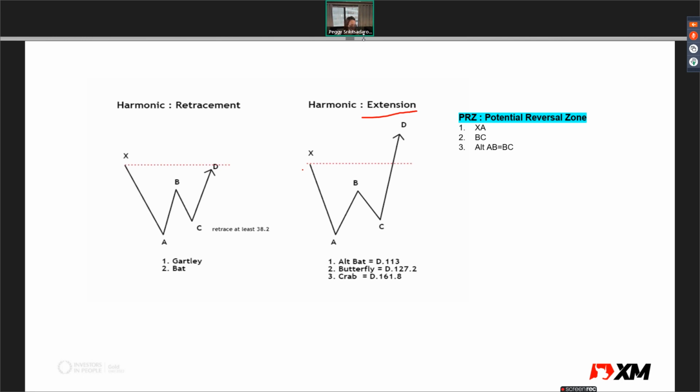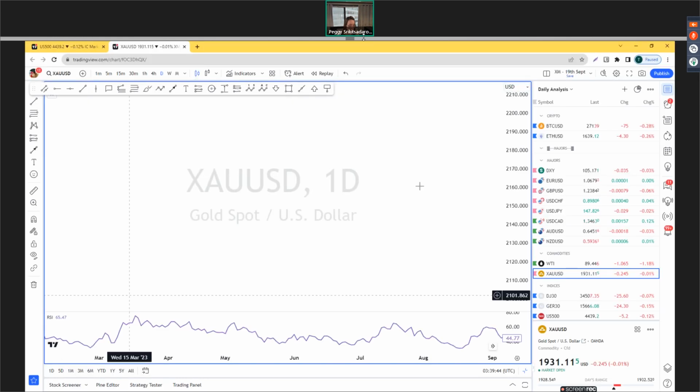So, bat should not exceed X, and this is the one for the retracement. For the extension, there's going to be alternate bat. That's why the D point is all about 113%. Let me go back to my slide just now.